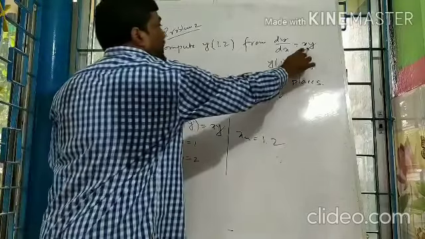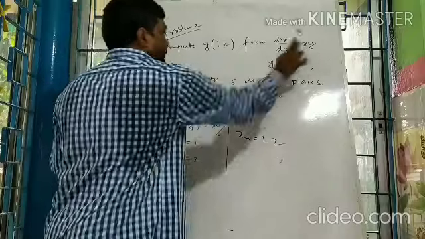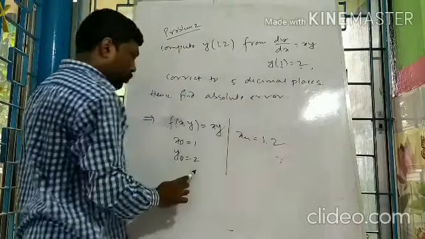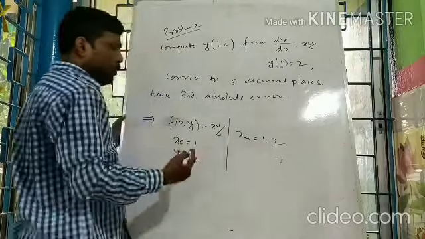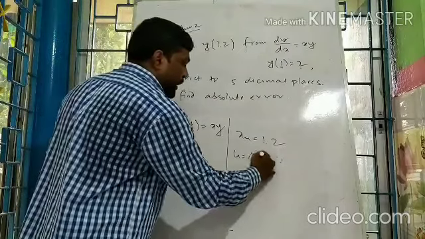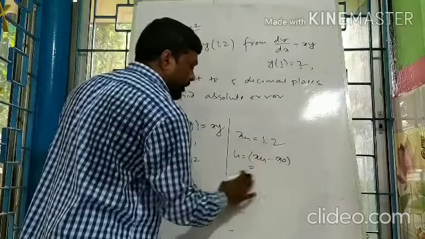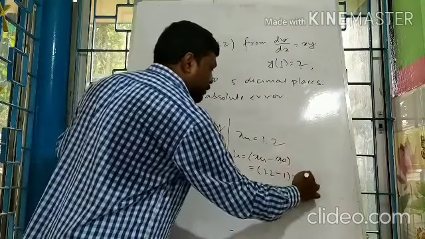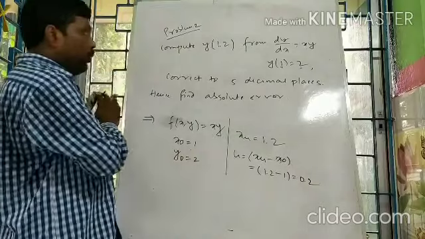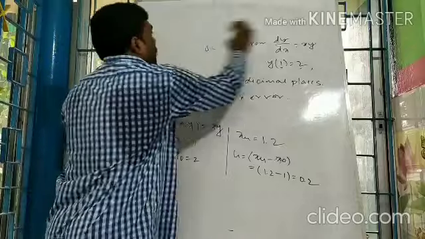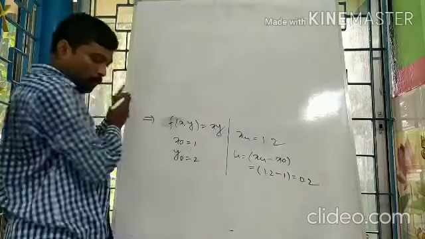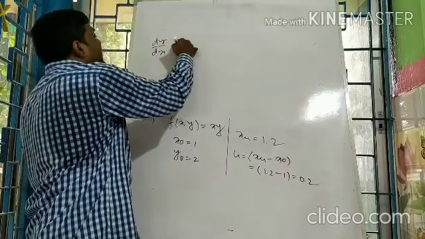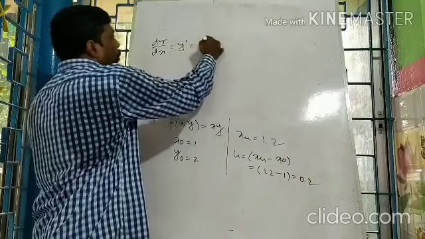So calculate h. h equals xn minus x0 for the Taylor series method. So it is 1.2 minus 1, which is 0.2. So h is 0.2 for this problem. Now dy/dx is y', that is given as x into y.